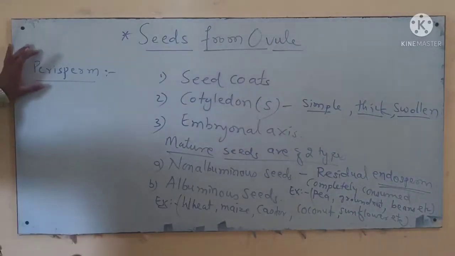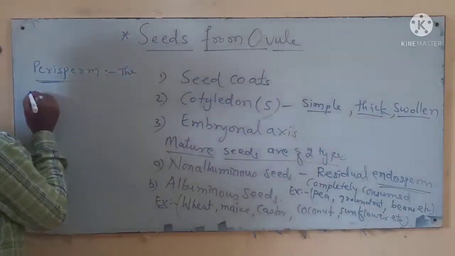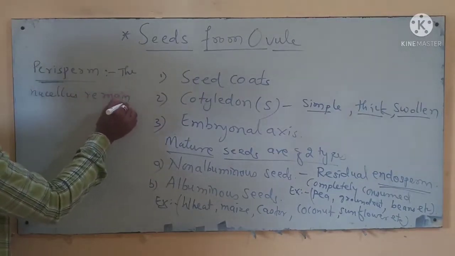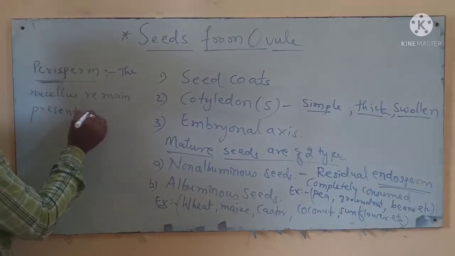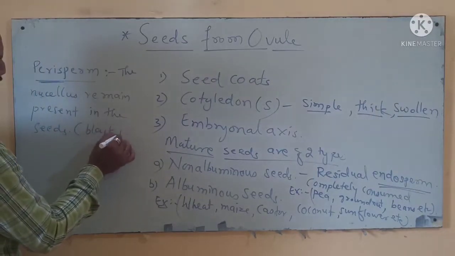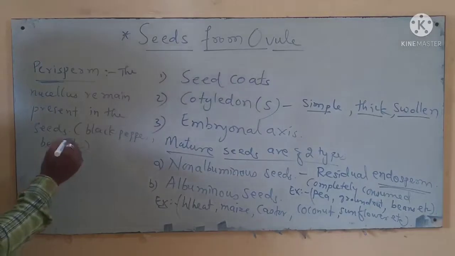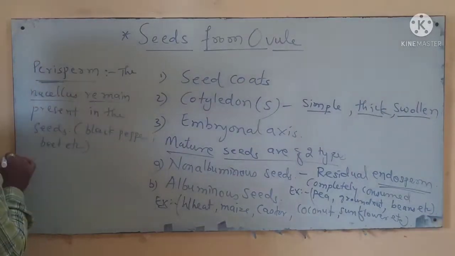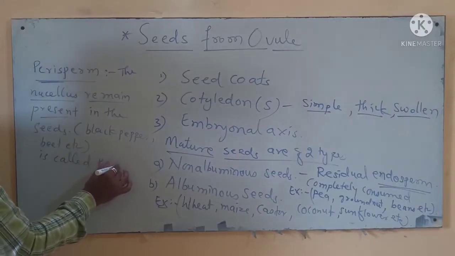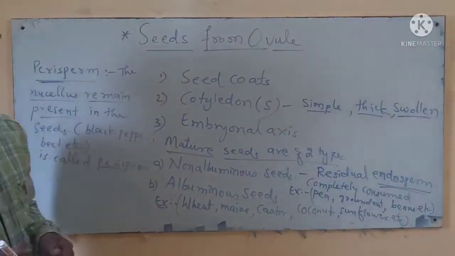The nucellus that remains present is called the perisperm. The nucellus remains present in seeds such as black pepper, the beet, etc., and that is called perisperm.